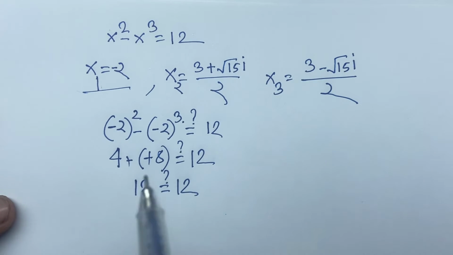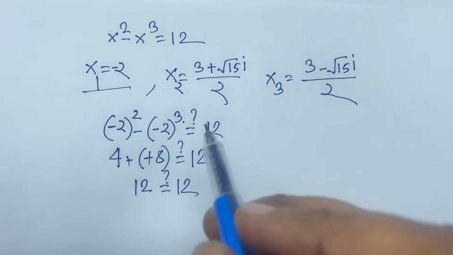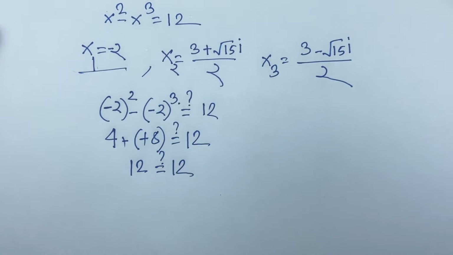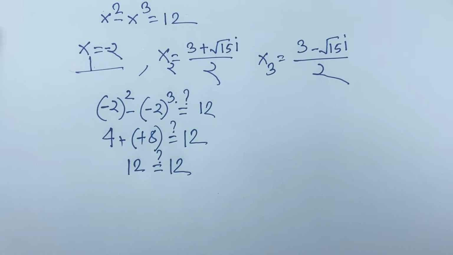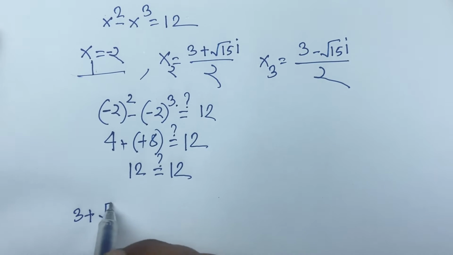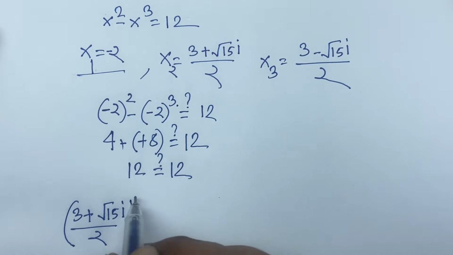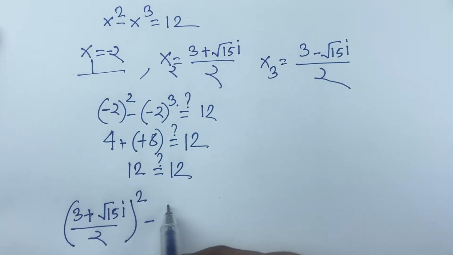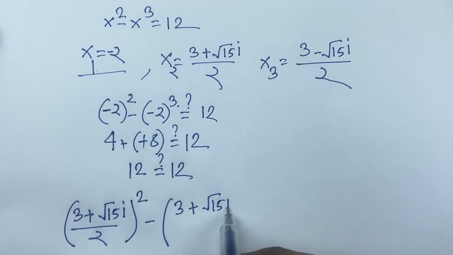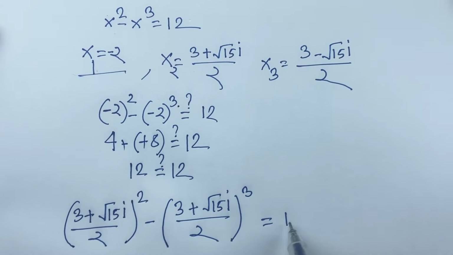And again we find x2 is equal to 3 plus square root 15i over 2. So in this case, if I put this value in this equation, I can see easily it will be 3 plus square root 15i over 2 whole to the power 2 minus 3 plus square root 15i over 2 whole to the power 3 is equal to 12.